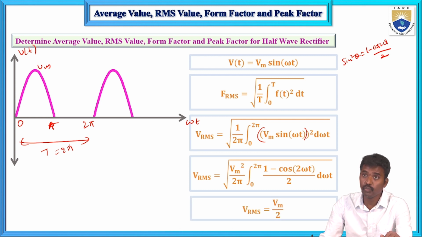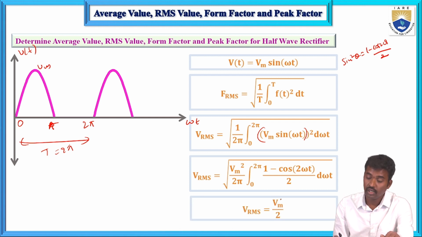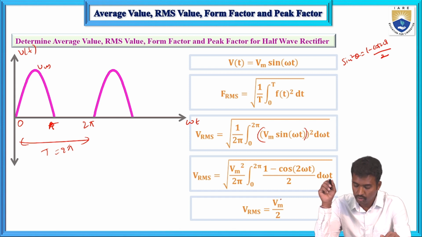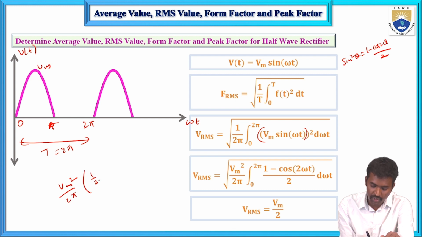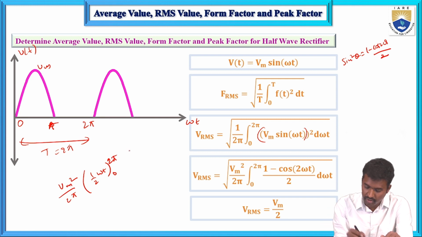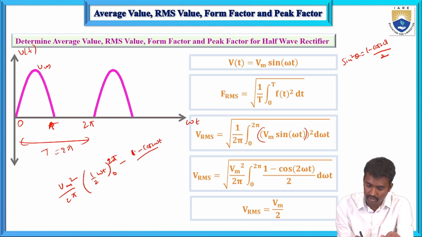Now if you simplify this, we get Vm square divided by 2 pi, times omega t minus sin 2 omega t divided by 2 into 2, from 0 to 2 pi.